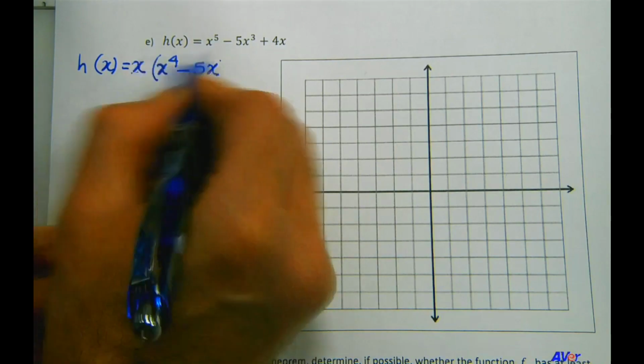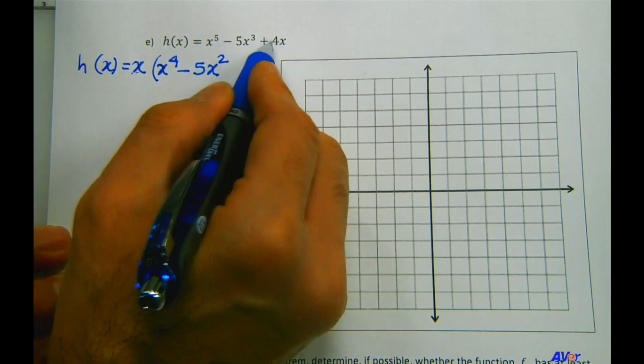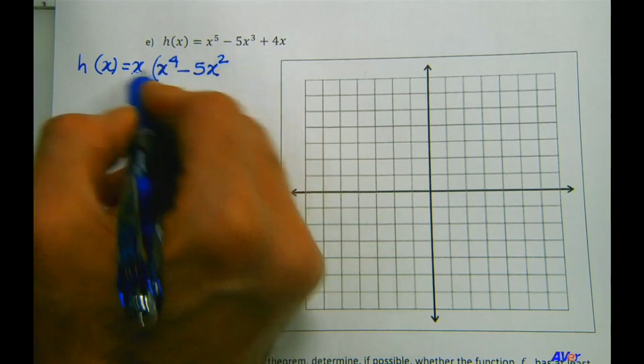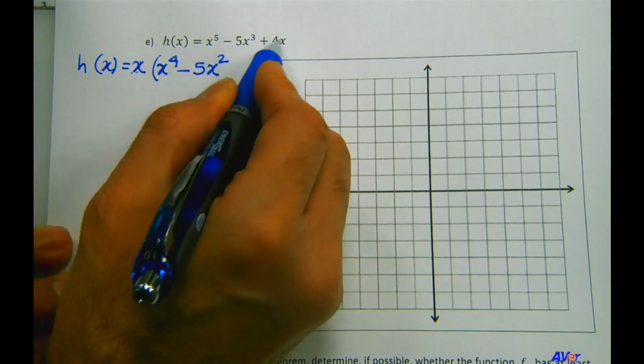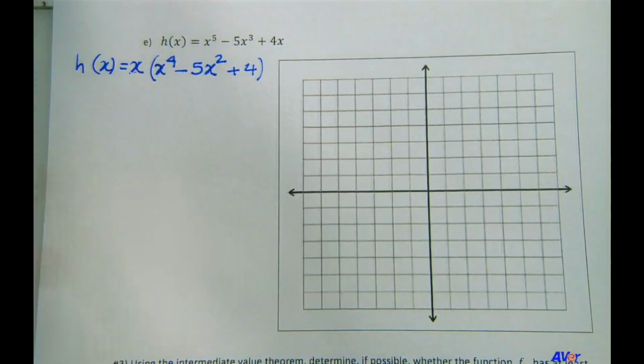So 1 plus 2, right? And finally, all I need to multiply by x to get 4x is plus 4, right? So far, we can do that. So x is a factor of that polynomial.